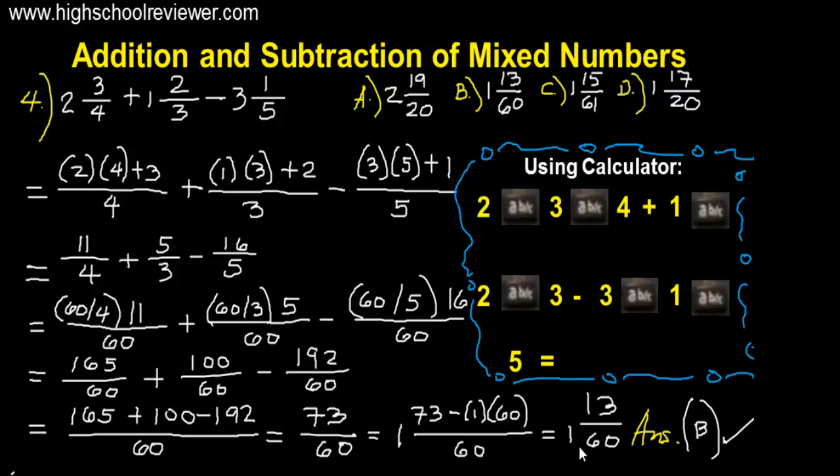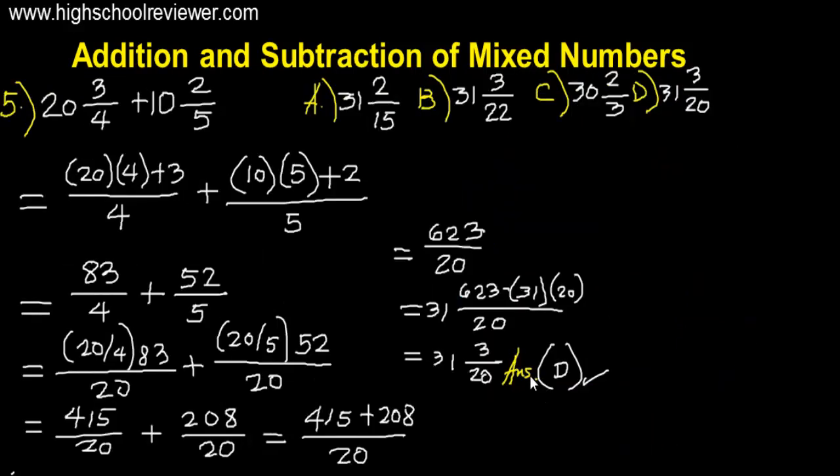Our final answer is 1 and 13/60, or letter B. And using your calculator, we have 2 fraction key, 3 fraction key, 4 plus 1 fraction key, 2 fraction key, 3 minus 3 fraction key, 1 fraction key, 5, and the equal sign.